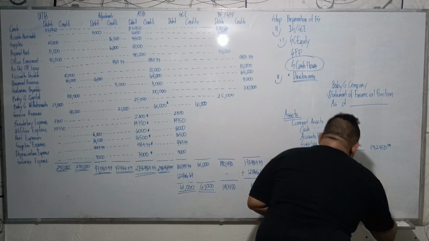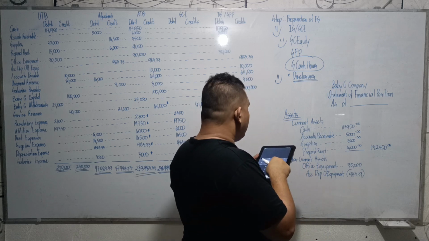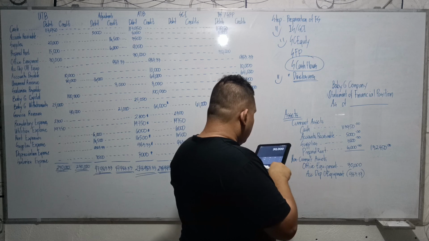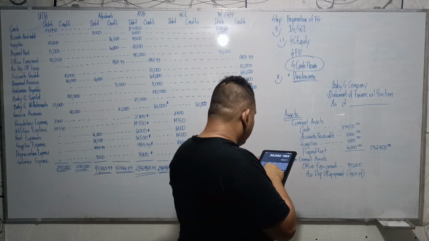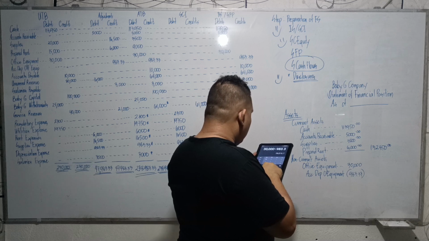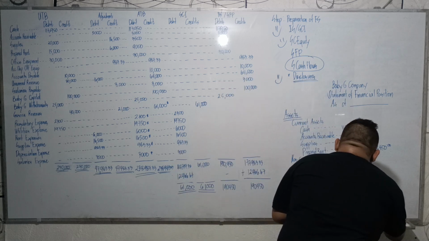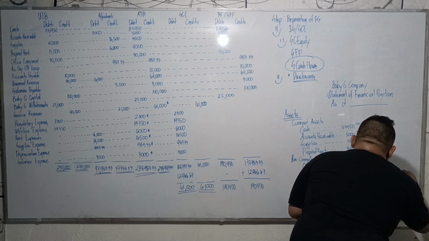Because actually, your office equipment is not already 30,000 because you have used it for 1 month, if I'm not mistaken. Yeah, it's for 1 month. So the real value or the book value of your office equipment is only 29,016.67.